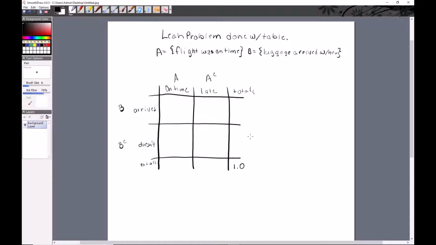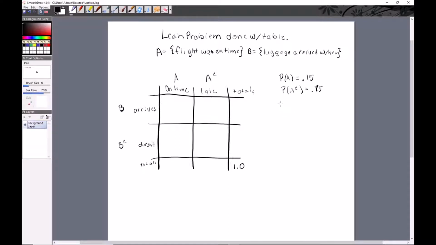We know some things that were given in the problem. We were given the probability of A, that the flight was on time, and that was 0.15. We weren't given it, but we can figure out pretty quickly that the probability that it was late was 0.85.